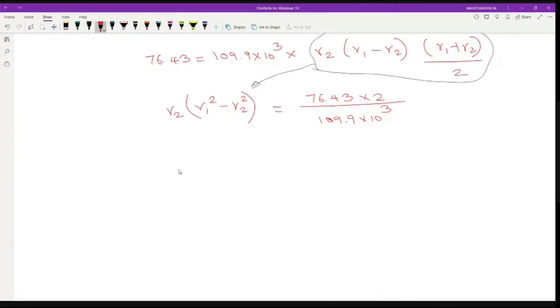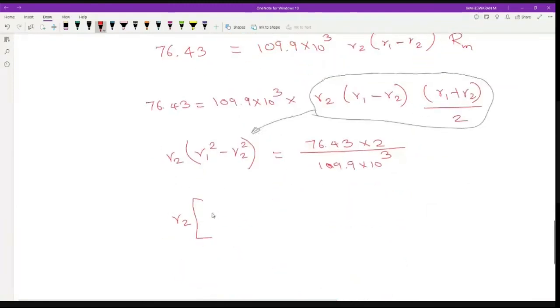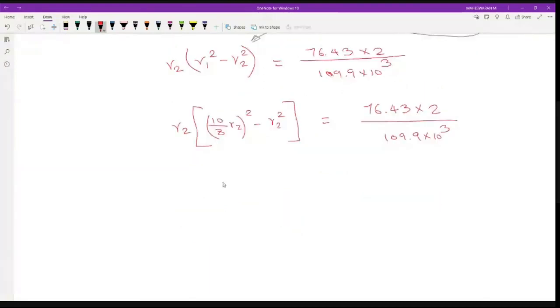Again, I can redo this. R2 into R1 square, I can write as 10 by 8 R2, so 10 by 8 R2 the whole square minus R2 square is equal to this. 0.0013 R cube.